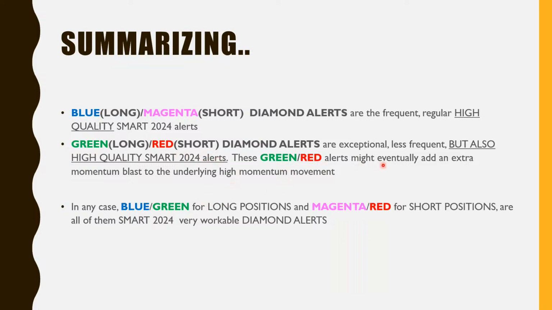These green and red alerts might eventually have an extra momentum blast to the underlying high momentum movement. But in any case, blue for long or green for long too, and magenta or red for short positioners are all of them very workable diamond alerts.